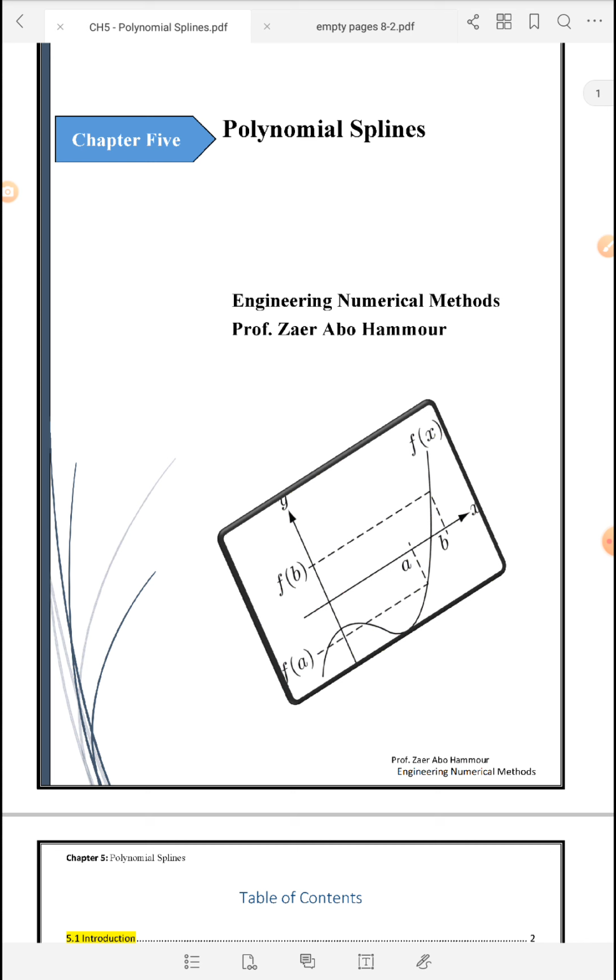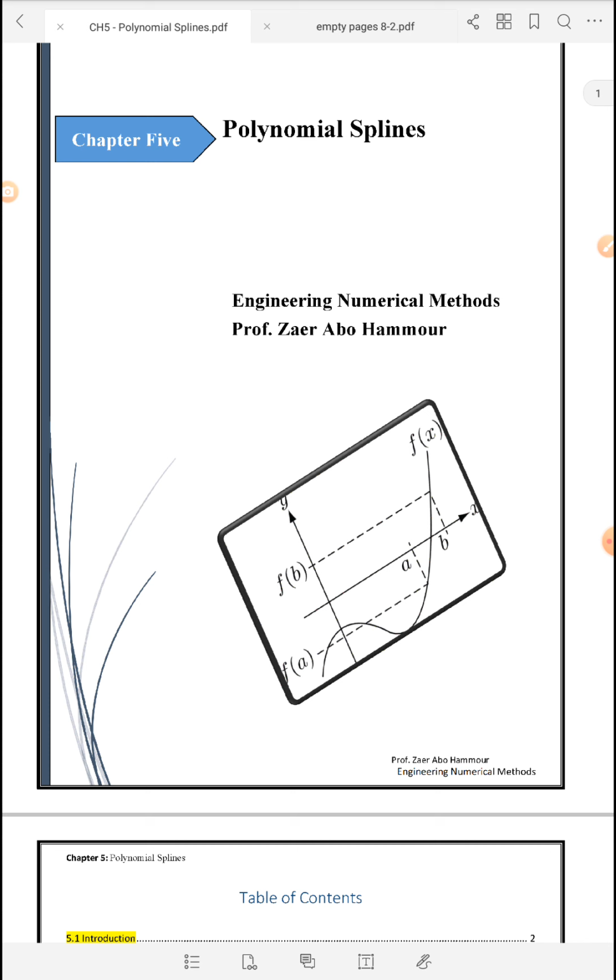As we said in the previous chapter regarding interpolation, if we have a large number of data points, say 10 data points, and we want to construct a single interpolating polynomial to connect those data points, then the polynomial will be of order 9. This will have several problems.